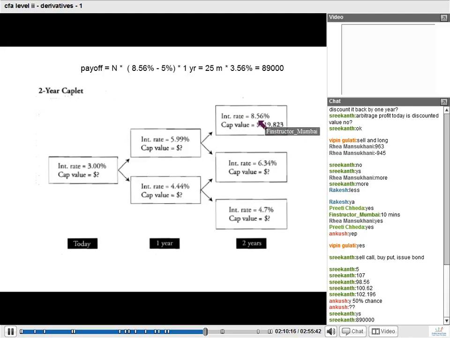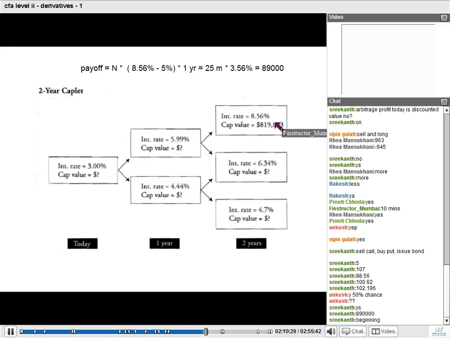Now, unlike FRAs or forward rate agreements, wherein this interest rate is 8.56% at this node, when will this interest saving accrue? Will it accrue at the end of 1 year, or will it accrue right here? Go back and see the explanation on forward rate agreements, or please recall from that explanation. This saving of $890,000 is going to actually accrue at the end of this period.